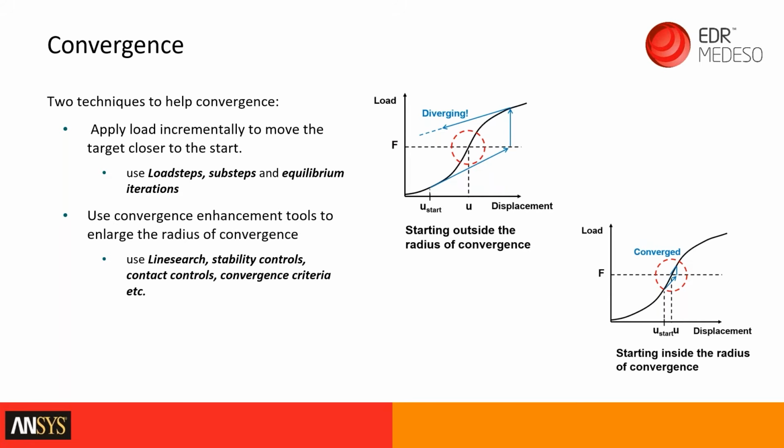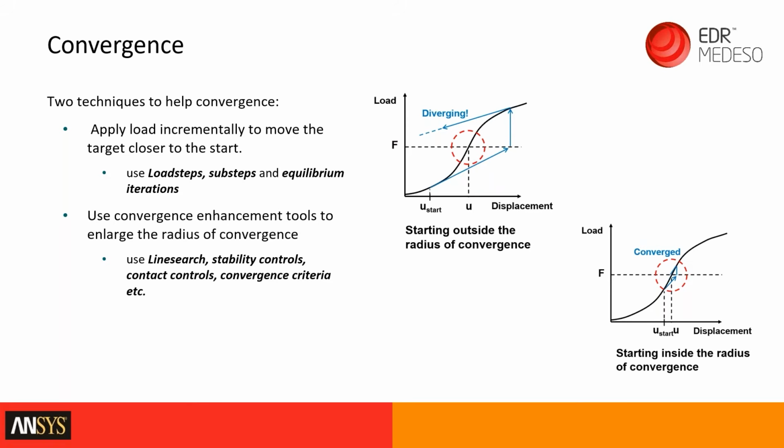The second way you can achieve convergence: Ansys has a lot of tools, like line search, tools that dictate how Ansys tries to establish the next starting point for each equilibrium iteration. Stability controls, things like putting artificial energy into the structure to make it more stable. There are a lot of controls for contact. We'll cover some of them today: how you monitor and manage contact, the contact algorithms, how you detect contact.